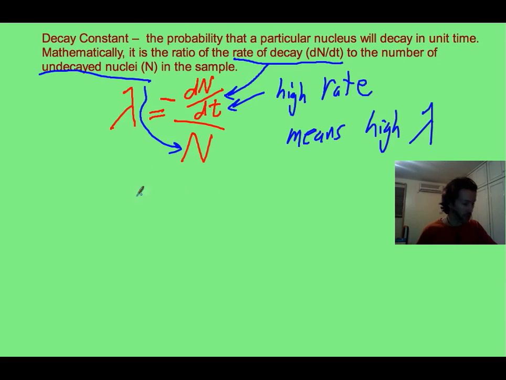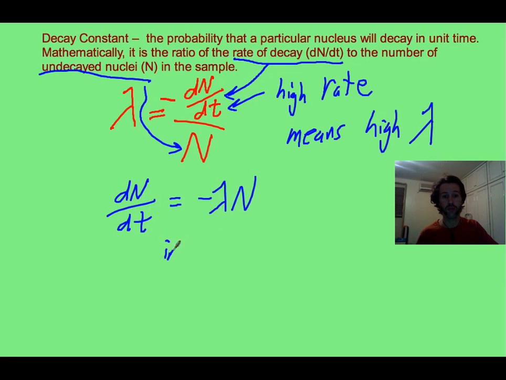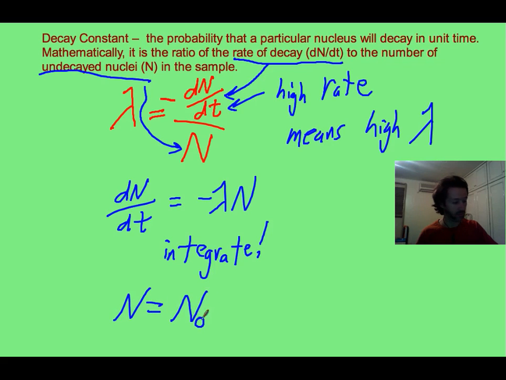What you can do with this equation is rearrange it as dN over dt. If you then do some magical calculus, which you don't have to know how to do, and you integrate this, you get the magical function here, where the undecayed nuclei that you have left is this.